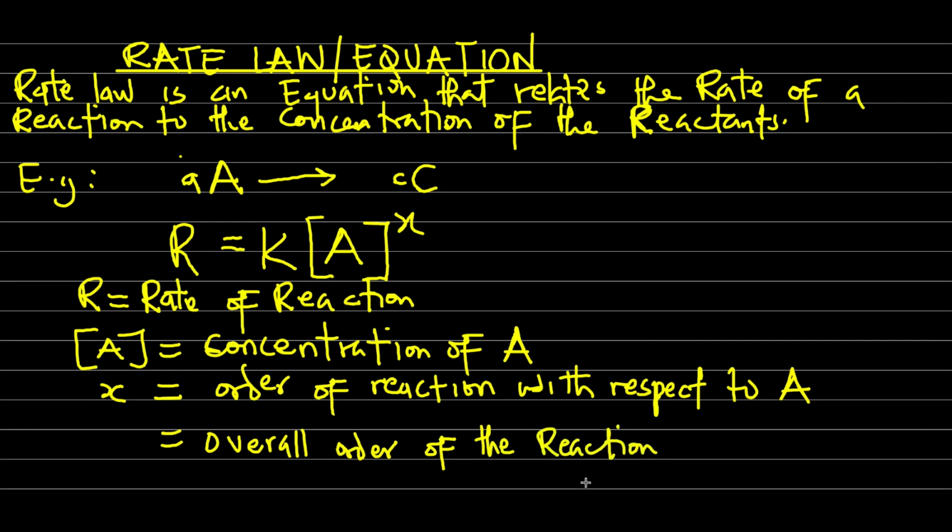Okay, so what if in a case whereby we have a reaction that has two reactants? Let's say, for example, we have A plus B giving us C. Now this reaction has two reactants.